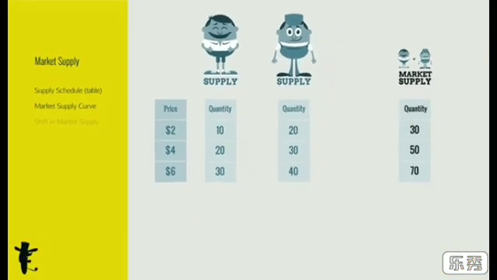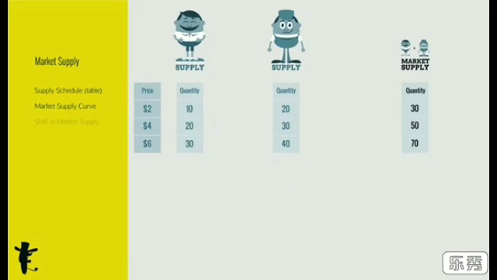How do these tables look in graphs? Let's graph John's supply curve first. At $2, John supplies 10 cakes. At $4, 20 cakes. At $6, 30 cakes.